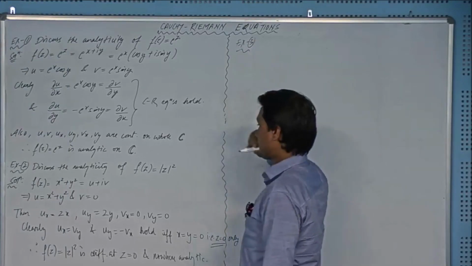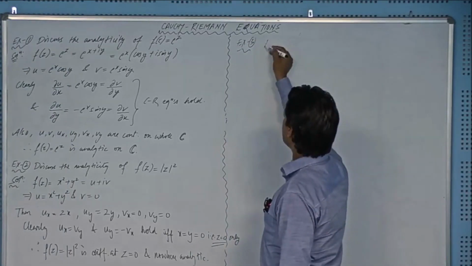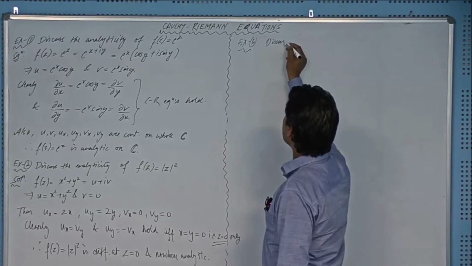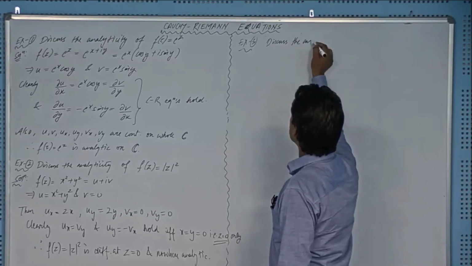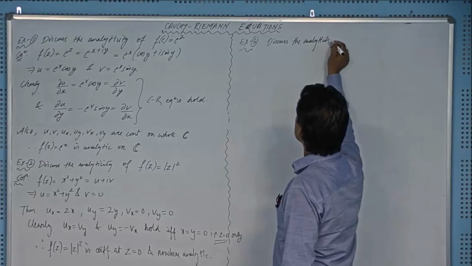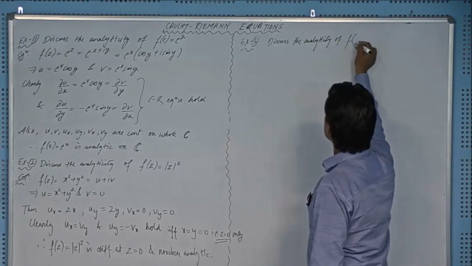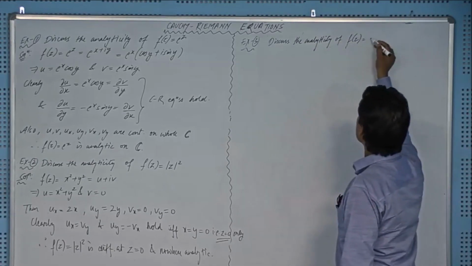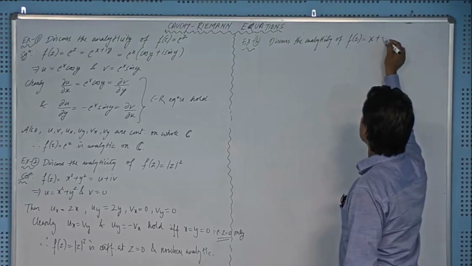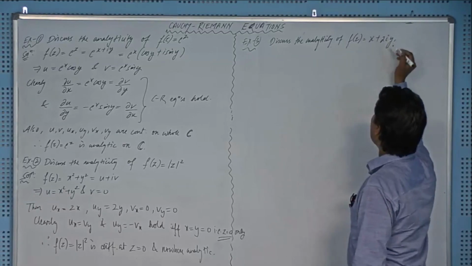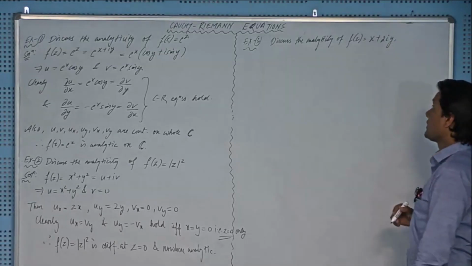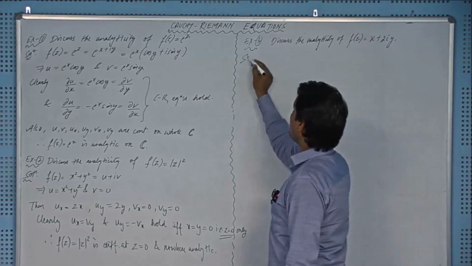I think the third example. Example number 3: discuss the analyticity of f(z) equal to x plus 2iy. And we have done this example, right? Solution.